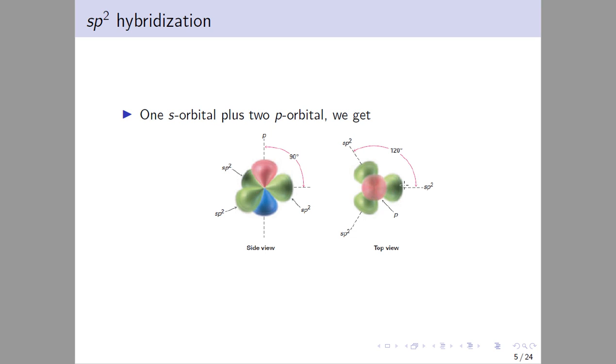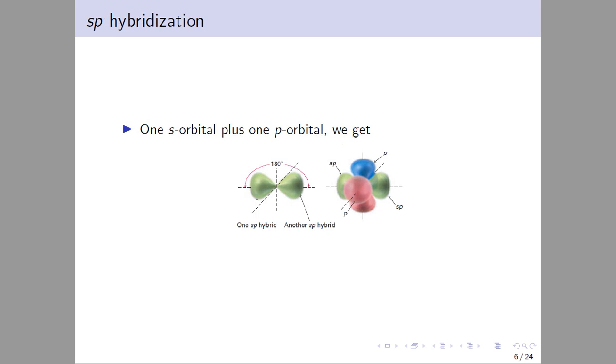We can see what we mean about this direction of the molecule. Here we have 120 degrees between an sp2 and another sp2 orbital.